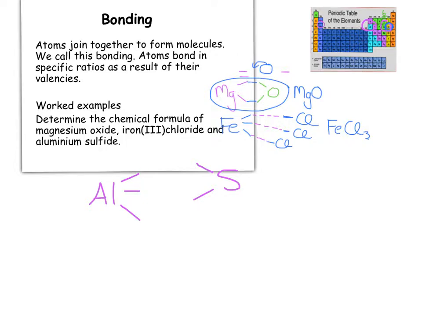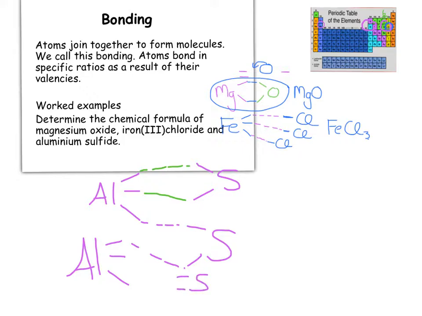Let's hold hands. Is everybody happy? No, they are not. Hold hands. Is everybody happy now? No, shame. Sulfur's sitting without anyone. So I add an extra aluminium. Aluminiums come with 3 arms. Is everybody happy now? Still not. That poor aluminium doesn't have all its hands held. Sulfur comes with 2 arms.